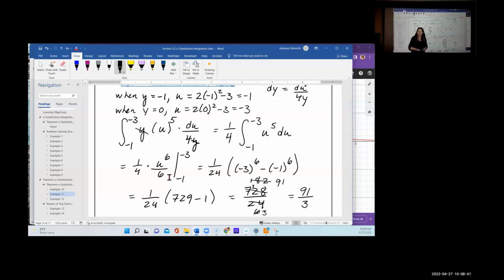We don't have to go back to x. We just stay with u. Now, if you're finding an indefinite integral, you have to go back to x. If you're finding a definite integral, you definitely don't. So for an indefinite integral, you must return to x or y in this case. If you have a definite integral, you do not need to go back.